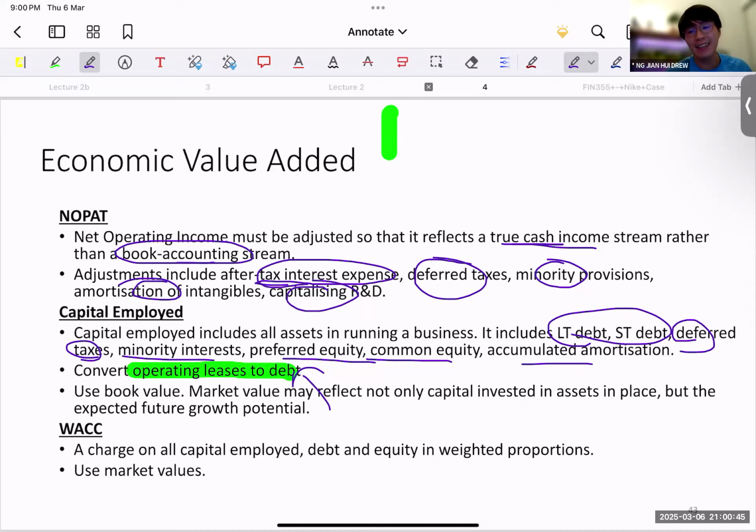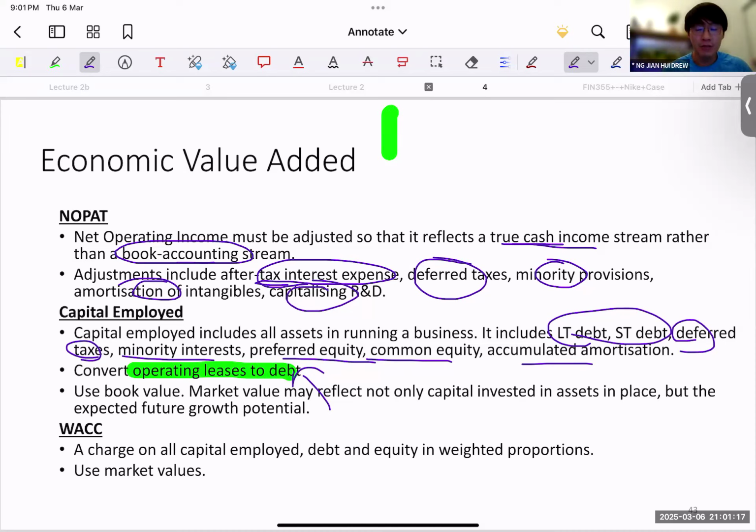Still got operating lease and finance lease? So yes and no. Yes, there's still operating lease and finance lease, but if you look at your balance sheet, your operating lease is no longer an operating lease expense in your P&L. It is now shown as a rights of use asset and a lease liability. You might see some lease receivables if you are a lessor, right?